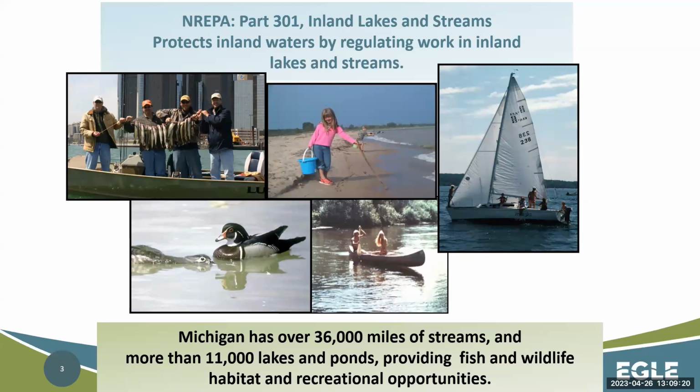Tourism is a multi-billion-dollar industry in Michigan and accounts for hundreds of thousands of jobs in the state. Much of the tourism is centered around recreational opportunities and access to a vast array of water resources. Michigan's NREPA, and specifically Part 301 of the Act, exists to protect these valuable water resources from impairment.